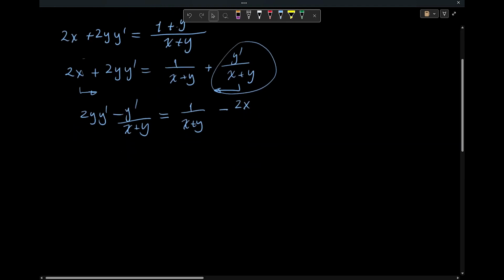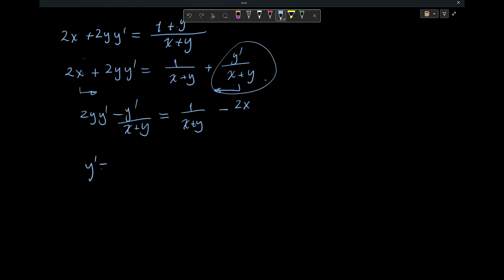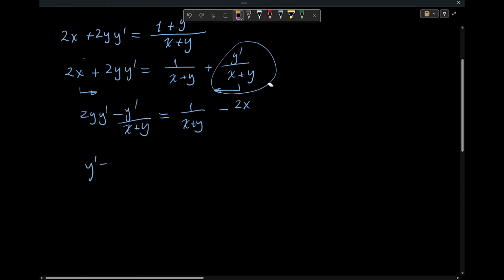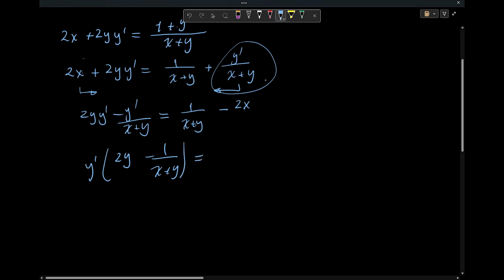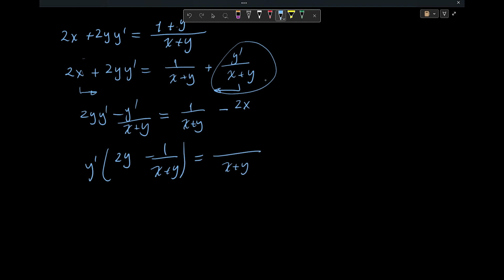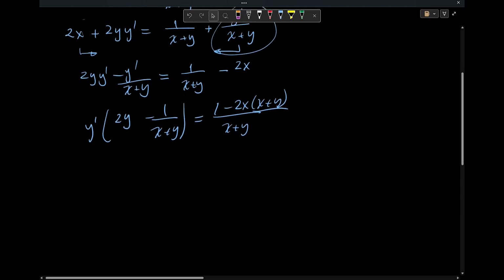I factor out y prime on the left. Two y minus 1 over x plus y. And on the right, I can combine x plus y as a common denominator, and I'll have 1 minus 2x times x plus y. And I can do the same on the right now. I can also do this.